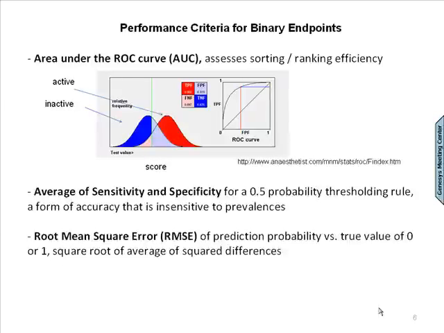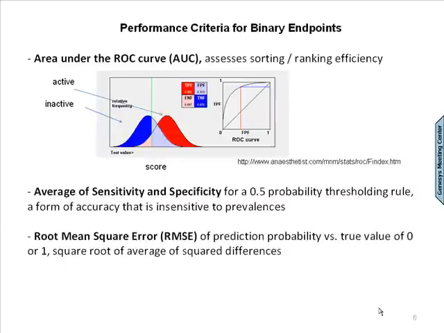You can also do things like average sensitivity and specificity. That's a little bit different metric. We take the straight average there in order to avoid biases potentially due to different frequencies in the data, rather than just doing, say, simple accuracy where you might be biased. If one assay gave almost all zeros, you can say, well, I'm just going to predict it's going to be 0 all the time.